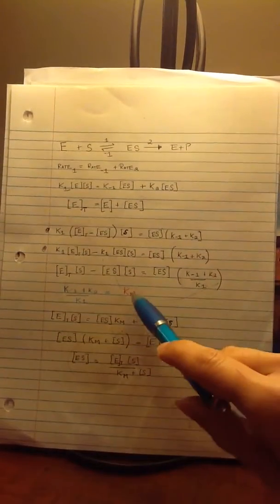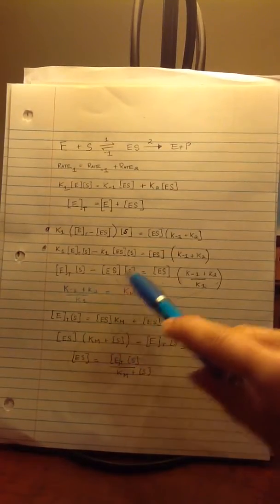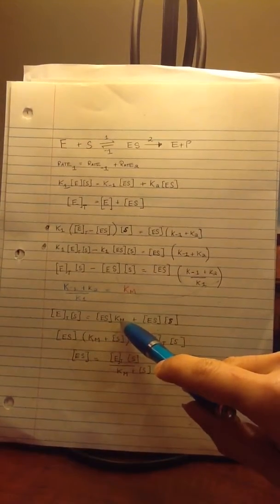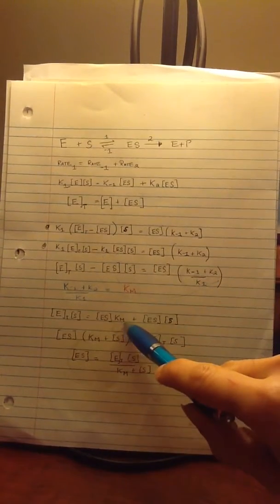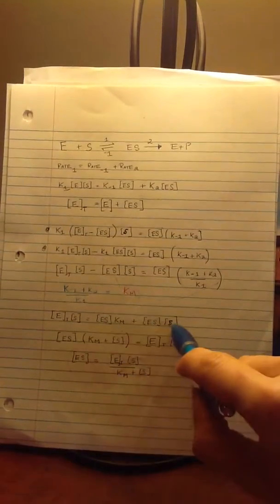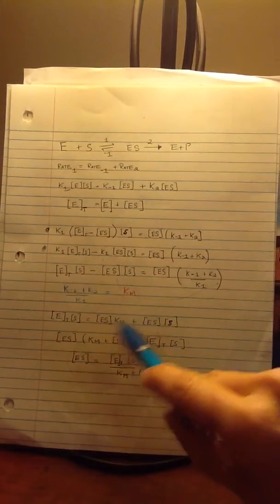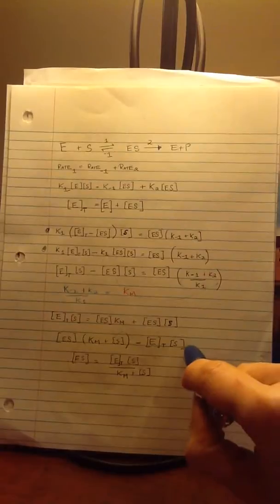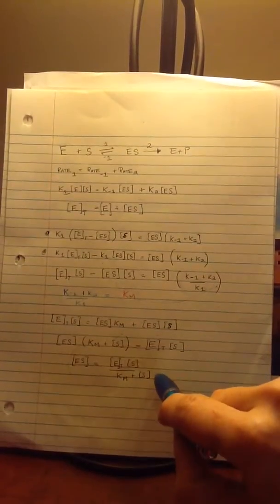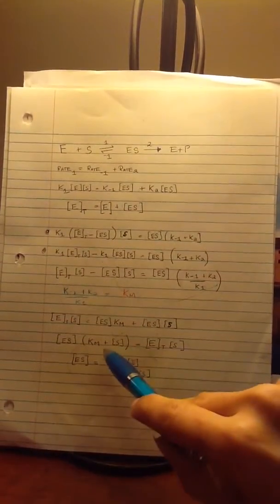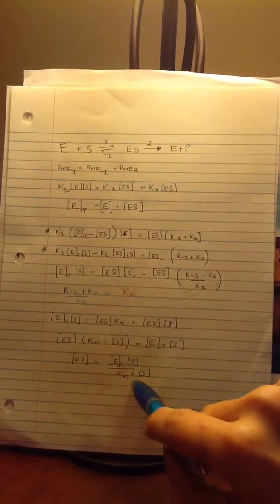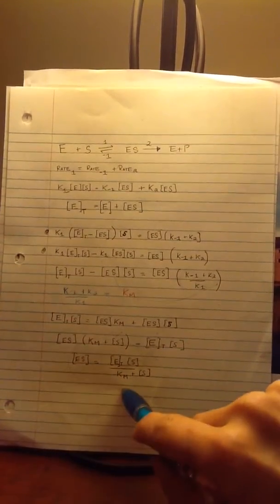Now, Km is going to be substituted back into the previous equation for the group of constant terms. The left and right sides of the equations are going to be rearranged, and then both sides are going to be divided by Km plus S, leaving this equation right here.